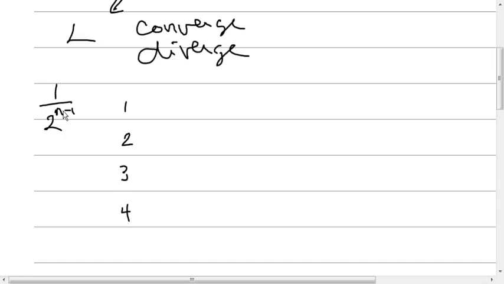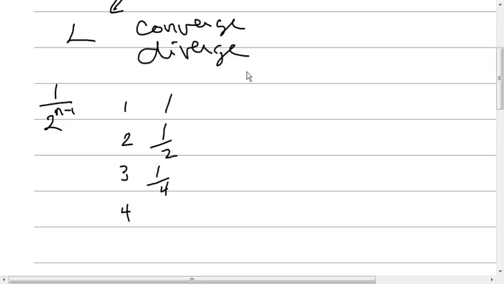For n = 1, 1 minus 1 is 0, (1/2) raised to the 0 power is 1. When n is 2, 2 minus 1 is 1, and this is 1/2. When n is 3, this is going to be 1/4, and you can convince yourself of that.